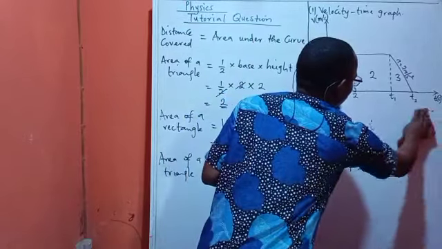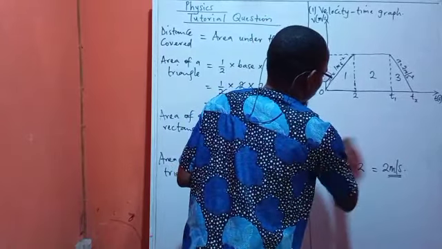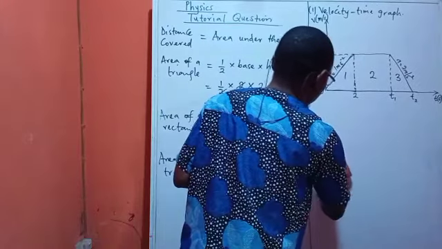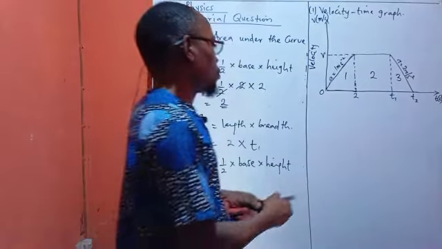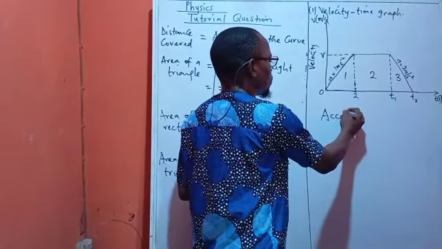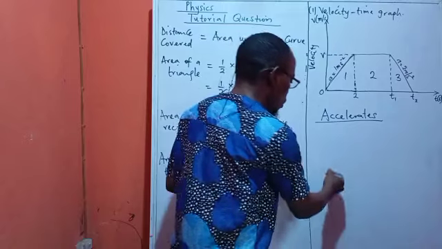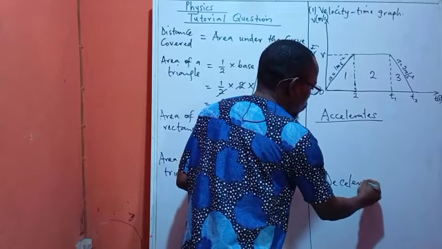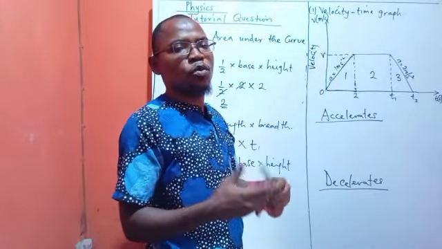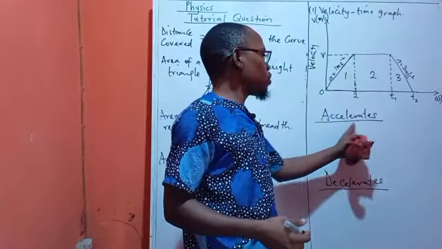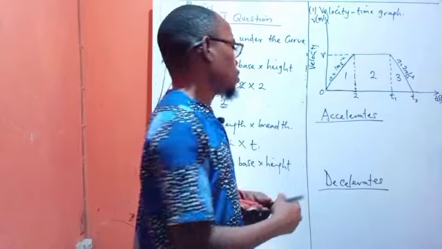Now there's something you should take note of. The difference between acceleration and retardation. Acceleration. So when they say a body accelerates, what are the parameters that will be there? And when they say a body decelerates, what are the parameters that we are going to be looking for? Now when they say a body accelerates from rest, so it means what?